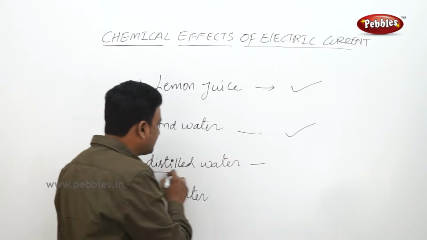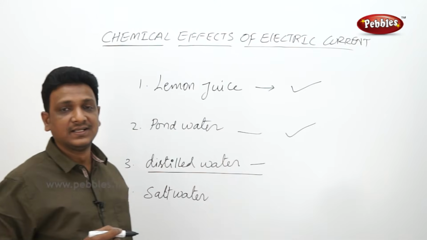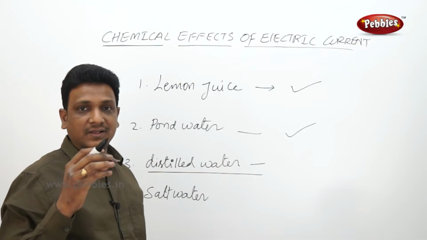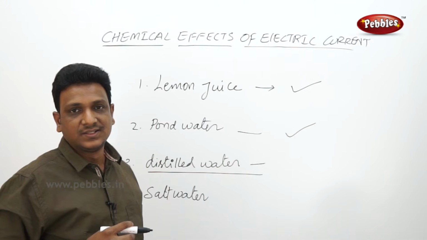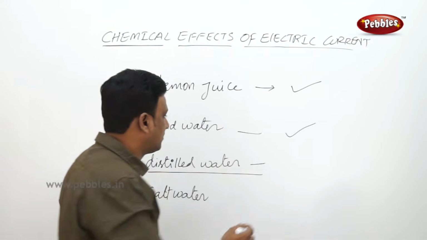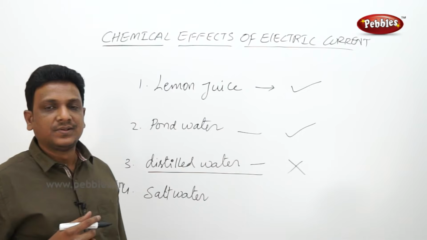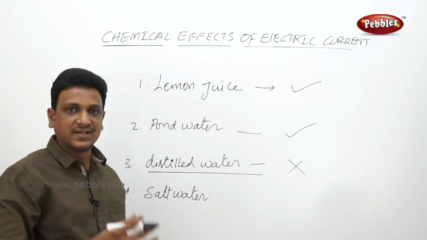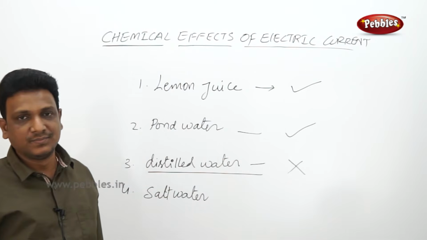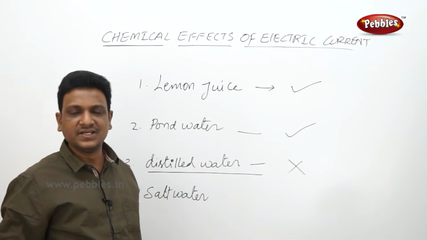So if you take the distilled water and test it, your tester may fail. The distilled water you have taken doesn't conduct electricity. So it is a poor conductor. We can classify the materials as good conductors and poor conductors, because every material will conduct at some point based upon the condition.